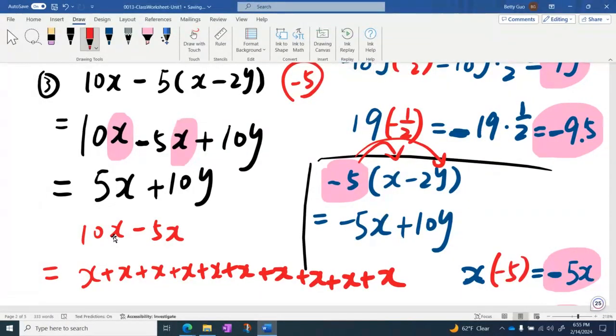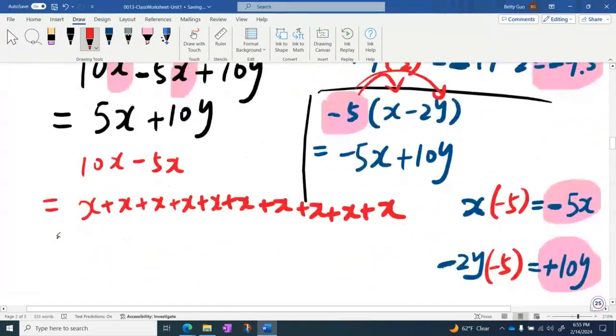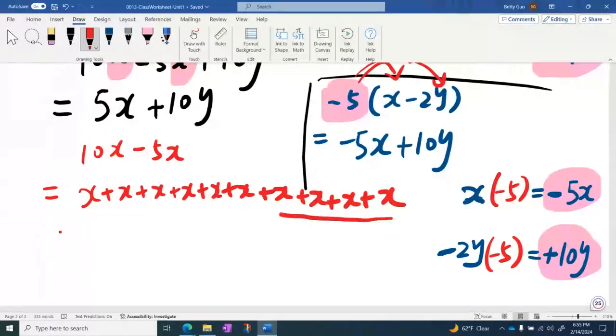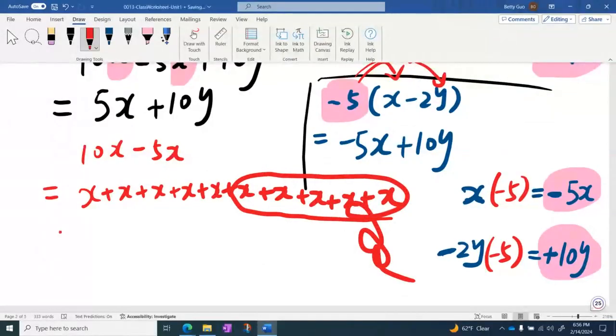And then you minus 5x, you get rid of 5 of them. 1, 2, 3, 4, 5. And you have how many left? 1, 2, 3, 4, 5. 5x left. That's exactly what happens when we combine like terms. You take away 5x from 10 x's. Yeah, plural, 10 x's.